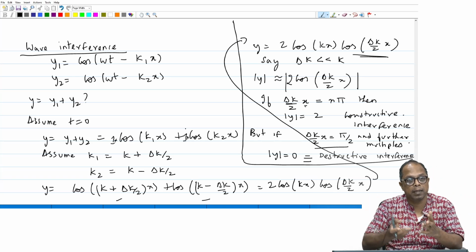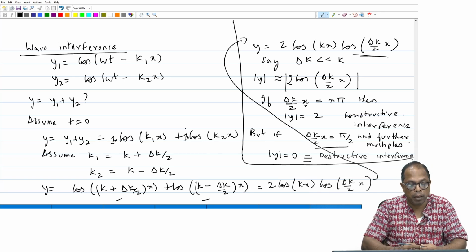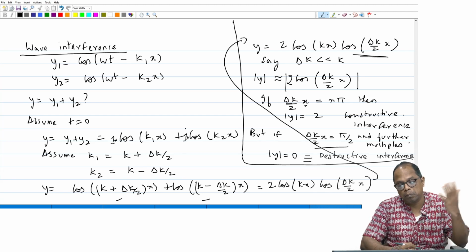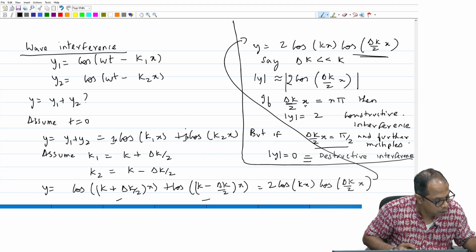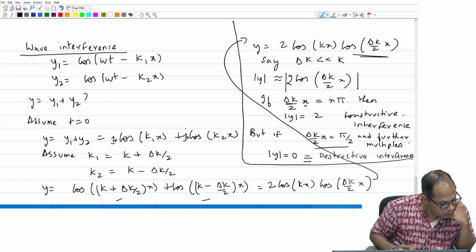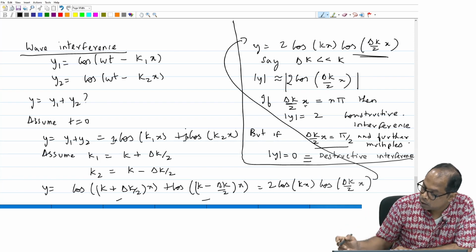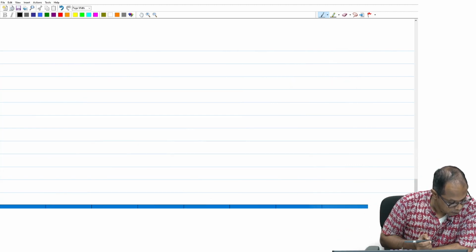You could fix x and see at which points they constructively and destructively interfere, and you'll see that it will depend on the frequency difference between the two waves that are interfering with each other. All right. So now let me tell you the next concept.